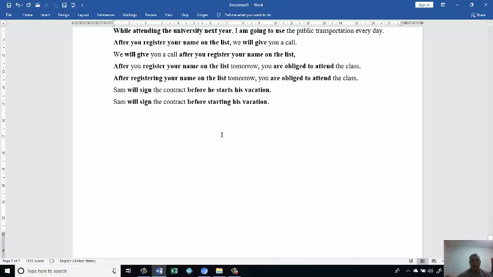And also, if I have a sentence like this, if you remember we said it, if I take this part to come here, then I have to put a comma, which separates the time clause and the independent sentence.